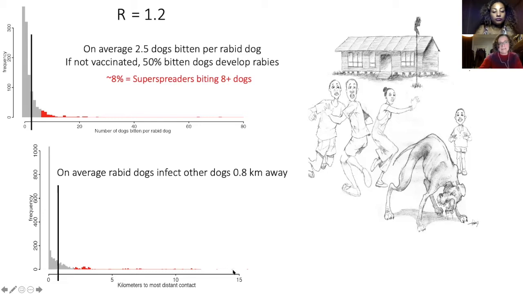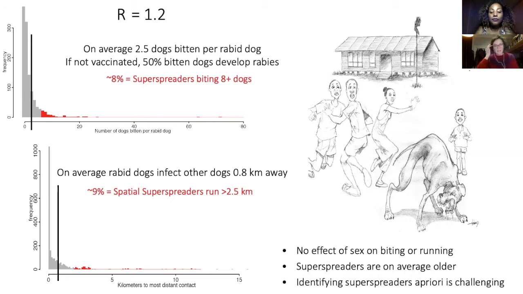And here in this tail, you can see some of the dogs like Momo's dog, who I mentioned earlier, that travel over 15 kilometres to bite other animals during their infectious period. And again, in terms of the spatial spread of rabies, we see around 9% of rabid dogs are spatial super spreaders.